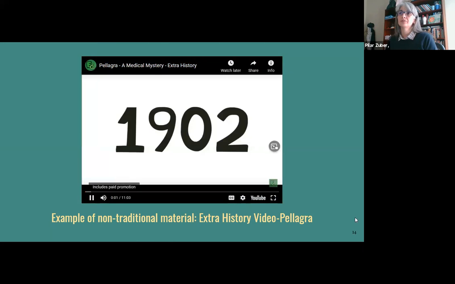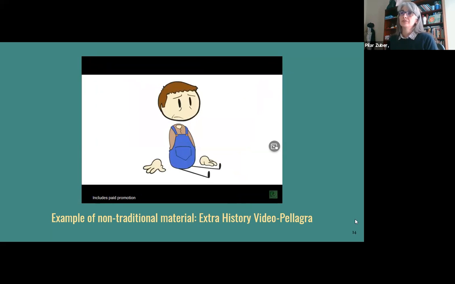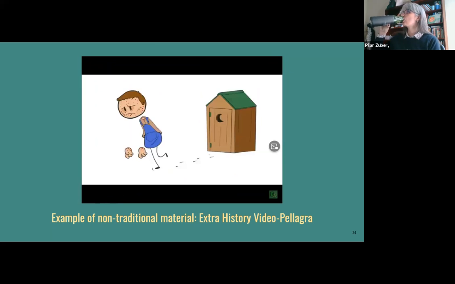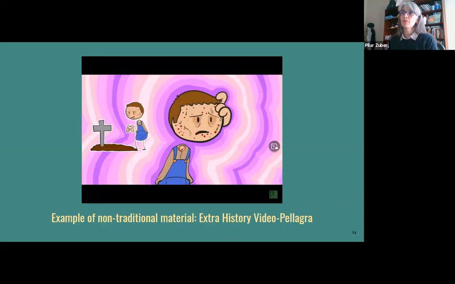In 1902, a new disease appeared in the American South. Each spring, red scabby rashes would flare up among victims' faces, arms, and legs. They'd become depressed and lose weight, suffering terrible diarrhea. The worst cases went mad, speaking to the dead or snatching up kitchen knives to hunt invisible intruders.